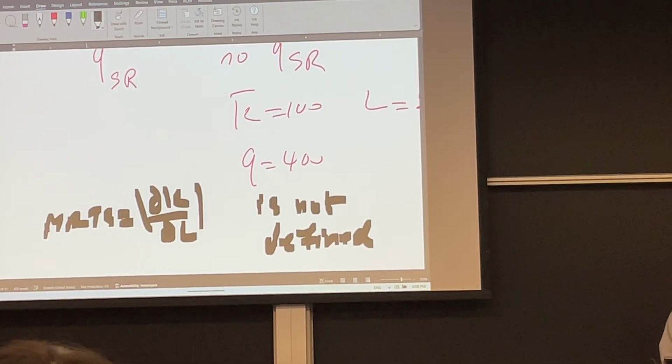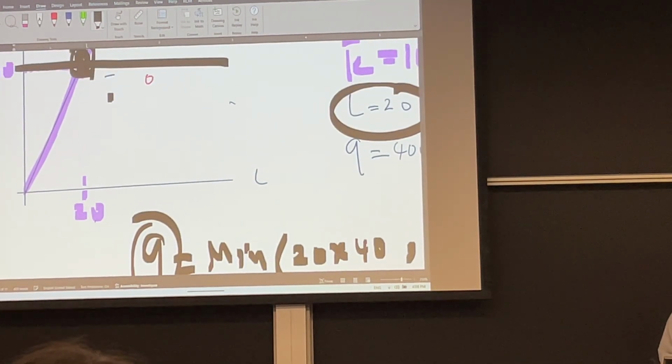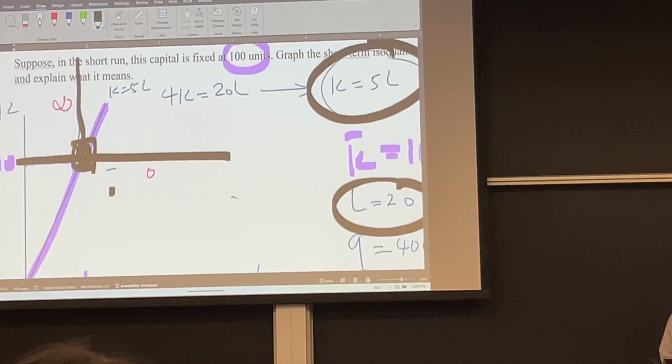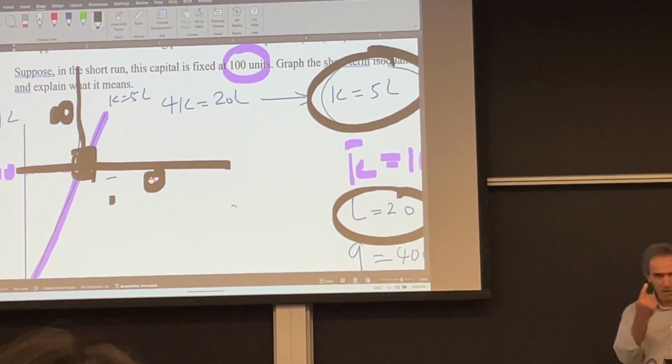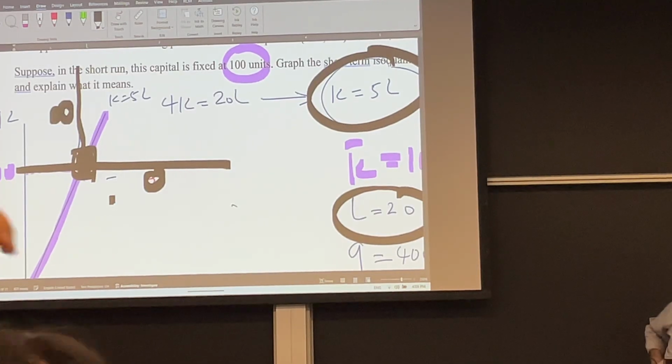So don't say 0 or infinite, because you're never there. Here labor is inefficient, there capital is inefficient, and production must be efficient. So you're stuck with this dot. And a dot does not have a slope. That's the mathematics of it. There is no MRTS defined for fixed proportion, for Leontief.